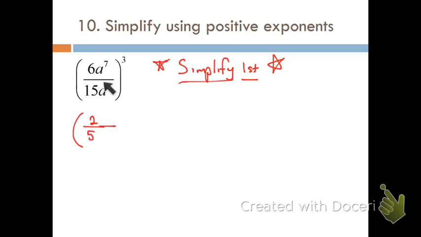Where do you have more A's? In the top, the numerator. How many more? 2. A squared. It's still cubed because you followed the stars. Now it makes the problem easier. Go ahead, finish it, cube it.